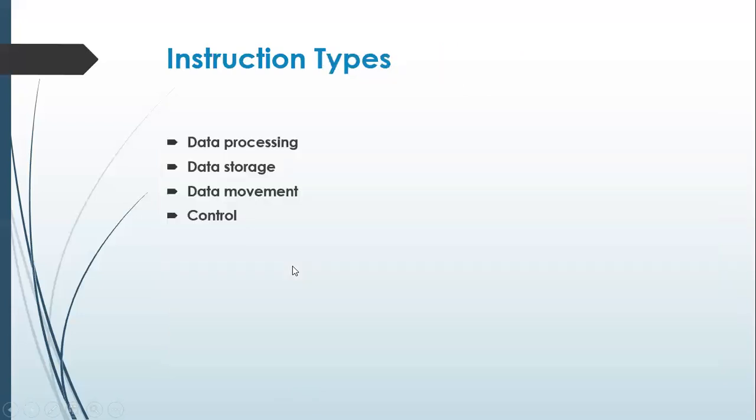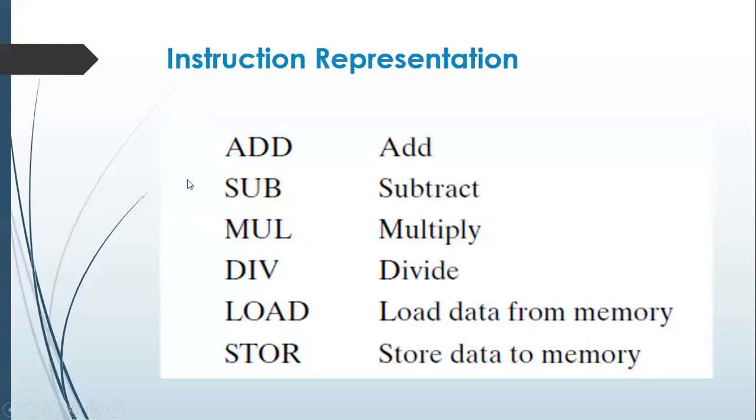So you are actually processing data in these instructions. But in the case of data storage instructions, you are storing data. So data storage instructions will include instructions similar to the store instruction.